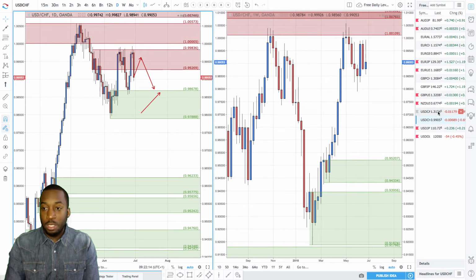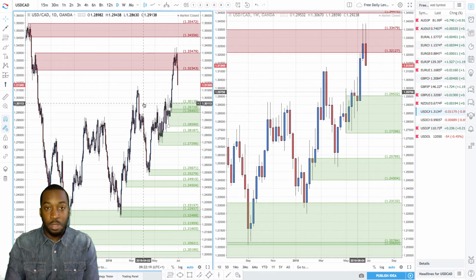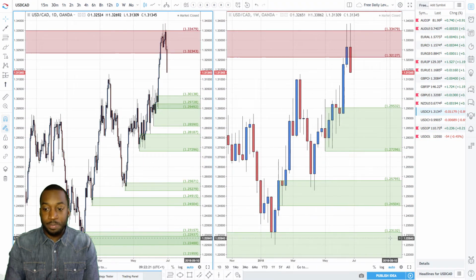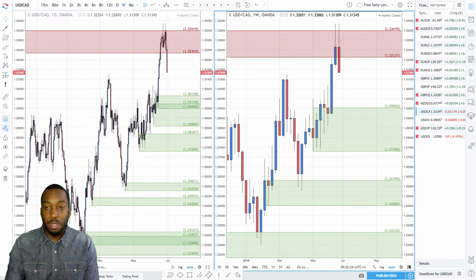Let's look at the dollar CAD. The dollar CAD weekly chart on the right hand side. We've come up into this supply zone here. You can see we reacted, and then we put in this very bearish outside candle right here. Very, very bearish. And you can see what that looks like on the daily time frame chart.